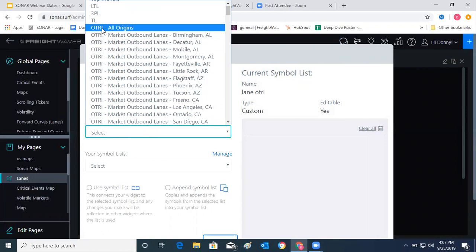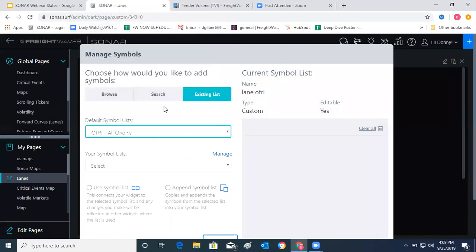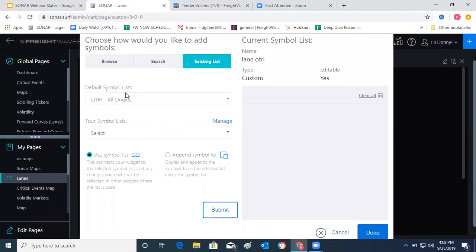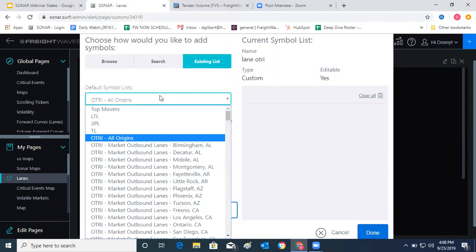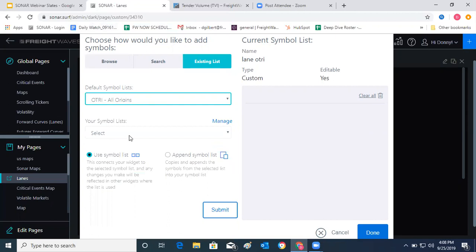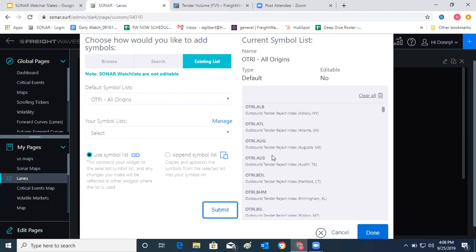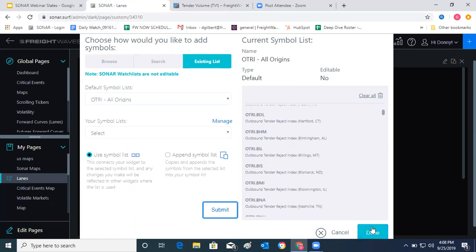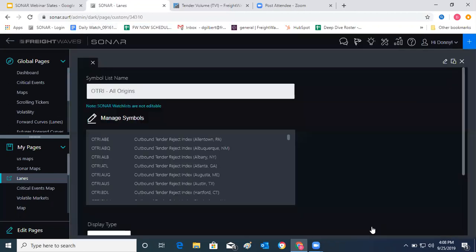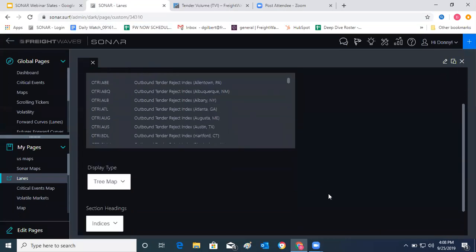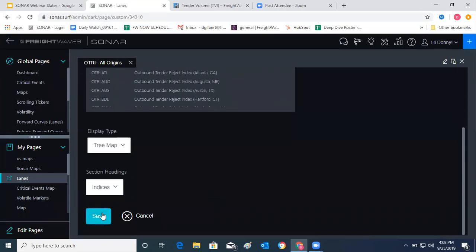OTRI, outbound tender rejection rates, all origins. I'm going to select that one, and I'm going to put use symbol list. Submit it. Over here on the right-hand side, you will see the OTRI starting alphabetically. Allentown, Albuquerque, they're all listed out here. I'm going to go over to the far right, and I'm going to click Done. Brings me back here. I'm going to scroll down, and I'm going to click Save.